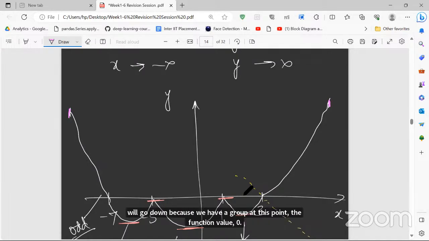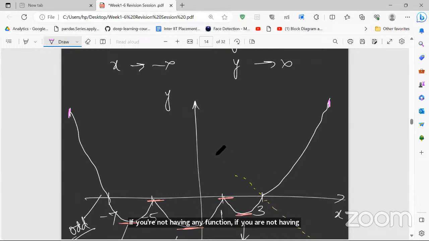If you are not having any roots, then the function would have behaved differently, because it would not touch the x-axis. If you don't have any root, it will not cross the x-axis.